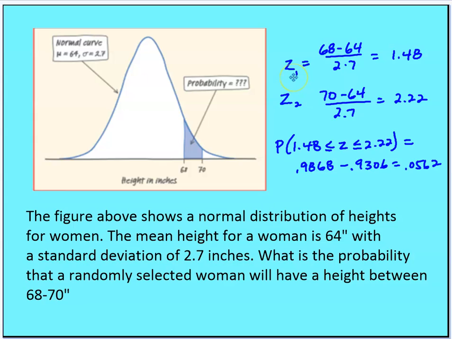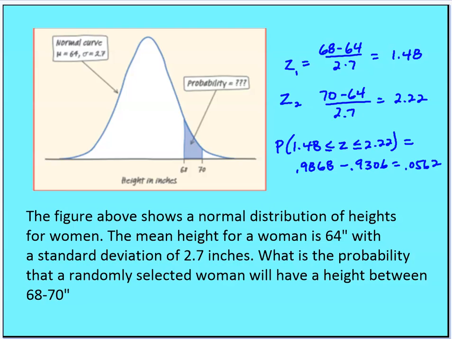All right, so we take the z-score for 68 inches, the z-score for 70 inches. We find the area between 1.48 z-score and 2.22 z-score by looking at the table or using our calculator. We show that 2.22 standard deviations is equivalent to the height of 70, and 1.48 is for the height of 68.